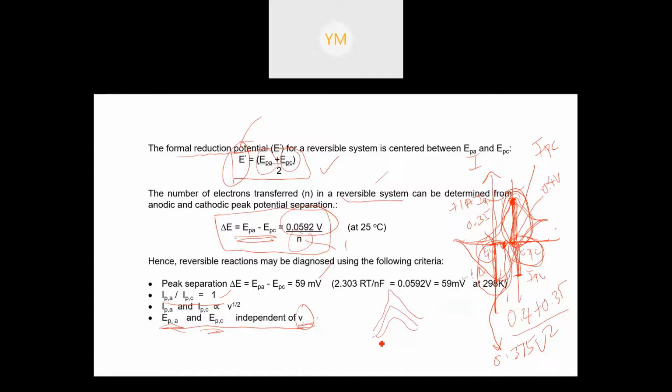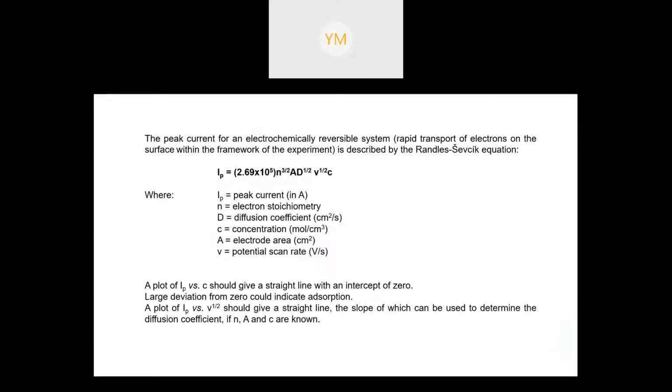If you scan very fast, if it is dependent, it will drag to a higher potential. But if it is reversible, if you use a faster scan rate, it will produce about the same potential. It's independent of scan rate.